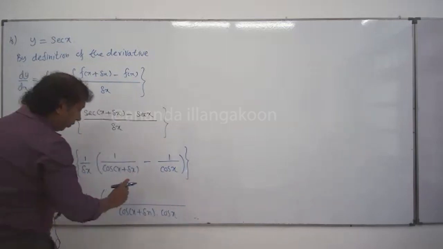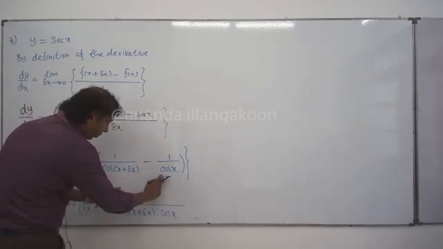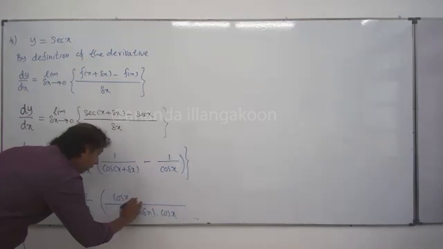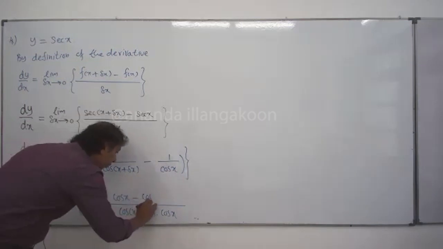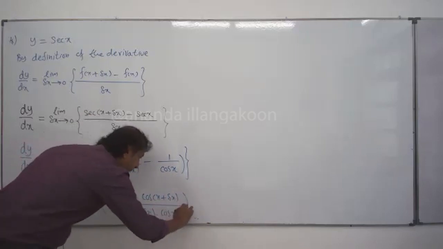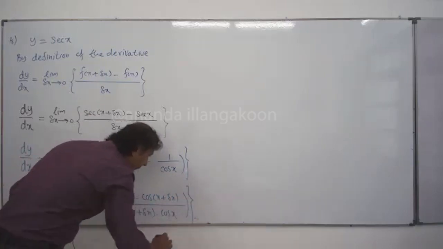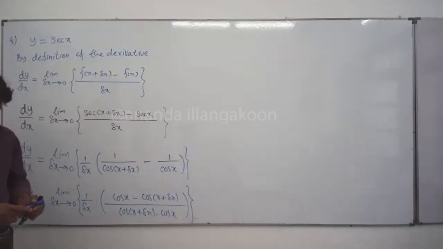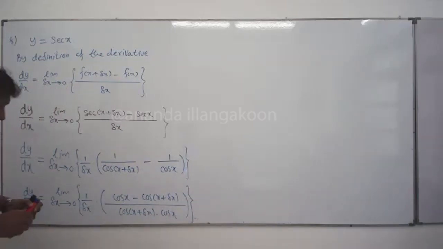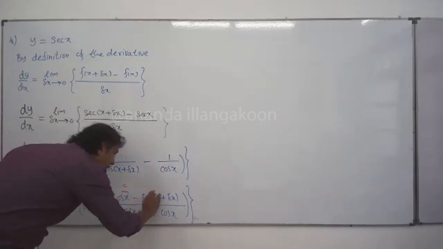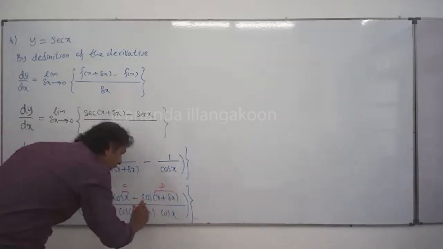So now when you take the product of these two as a common denominator, this cos x comes here, minus cos(x plus delta x) comes here. Now to simplify here, we take this x as c, x plus delta x as d.